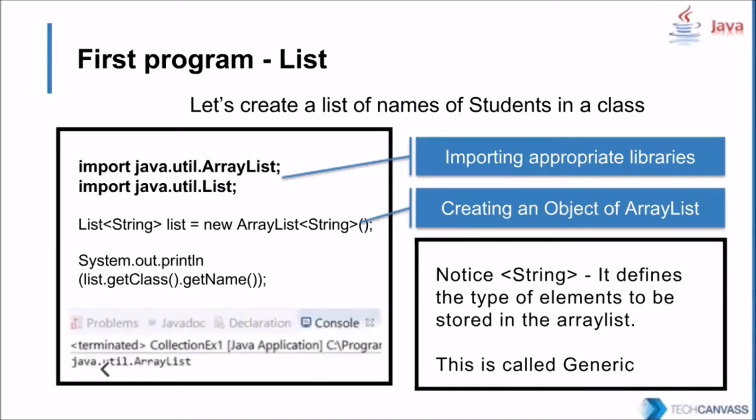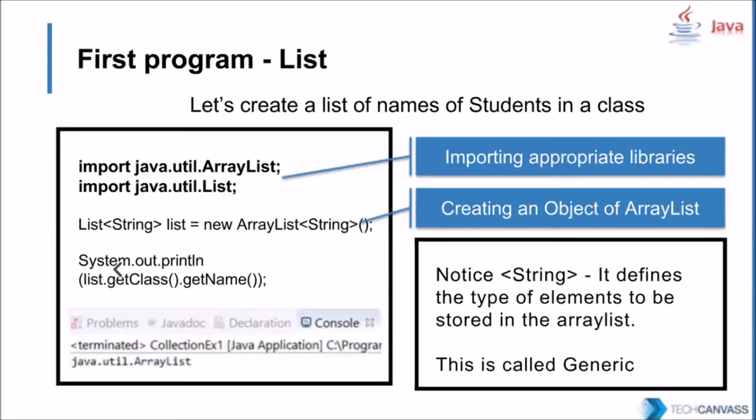The output would be java.util.ArrayList. It is basically giving me the class of this variable. Since it is of type list, it belongs to a class called ArrayList.